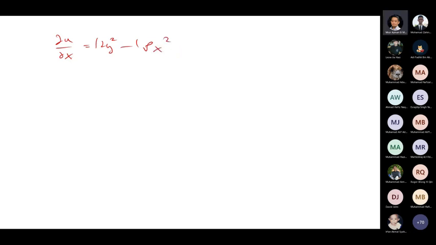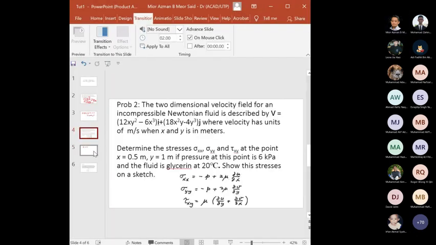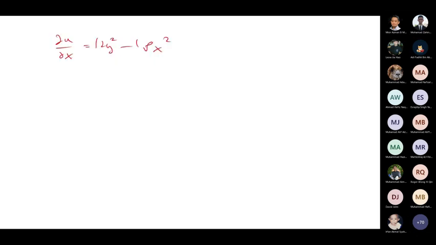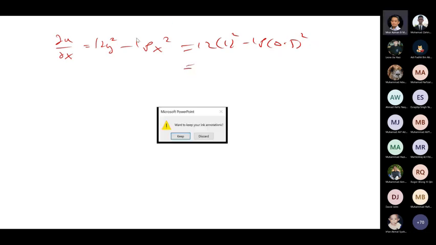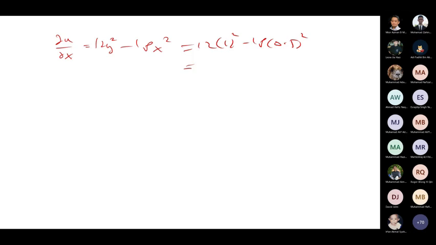And then you substitute the value for the point, 0.5 and 1. So this gives 7.5, right?